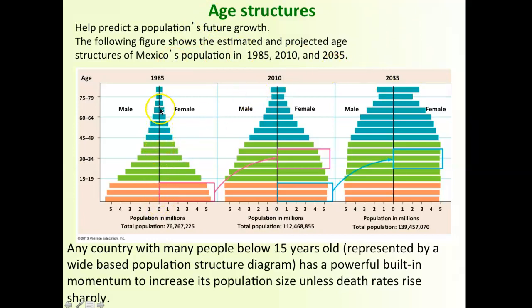The line down the middle here is just one side is male, the other side is female. And if there's an unequal difference between them, that means that some populations might have more females, some populations might have more males. And then the bottom of this pyramid, this one's a pyramid, this one's not quite so much, but the bottom of your age structure will be the younger people in the population.